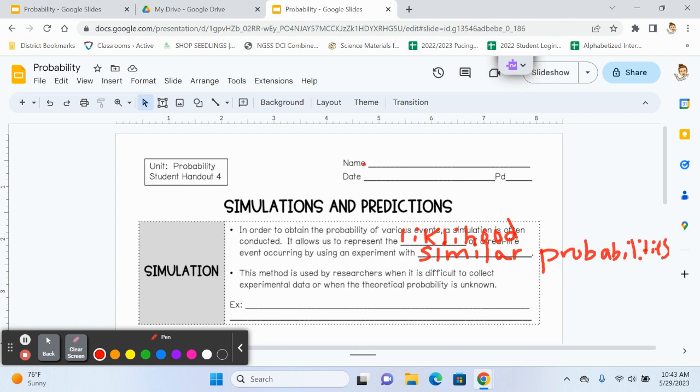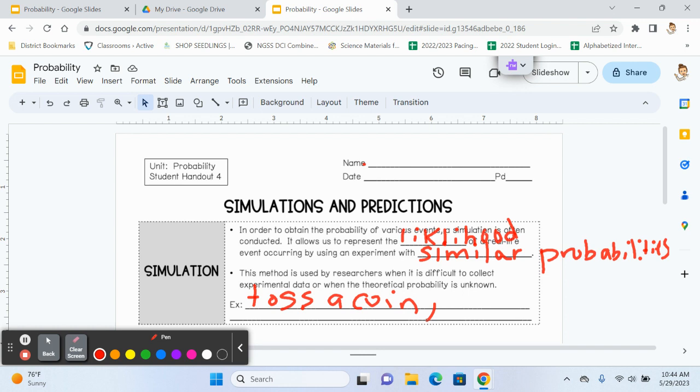This method is used by researchers when it is difficult to collect experimental data or when the theoretical probability is unknown. So a good example, actually several examples, we could say tossing a coin would be one. Make sure you're writing this down.